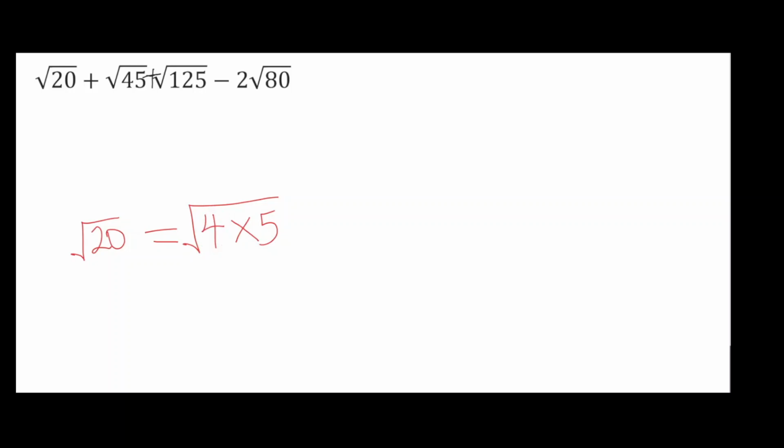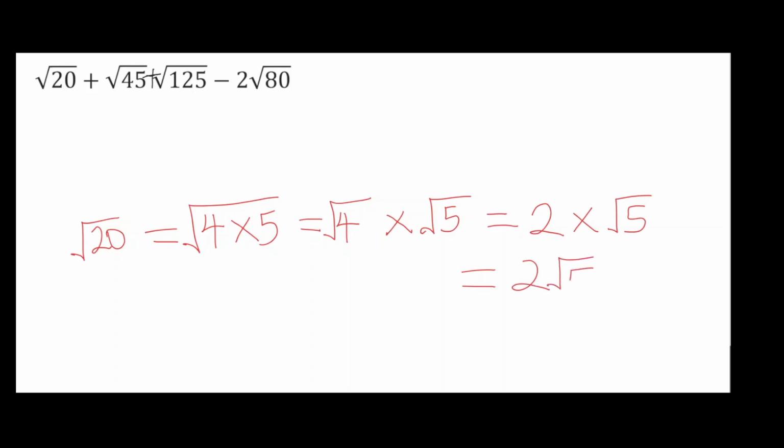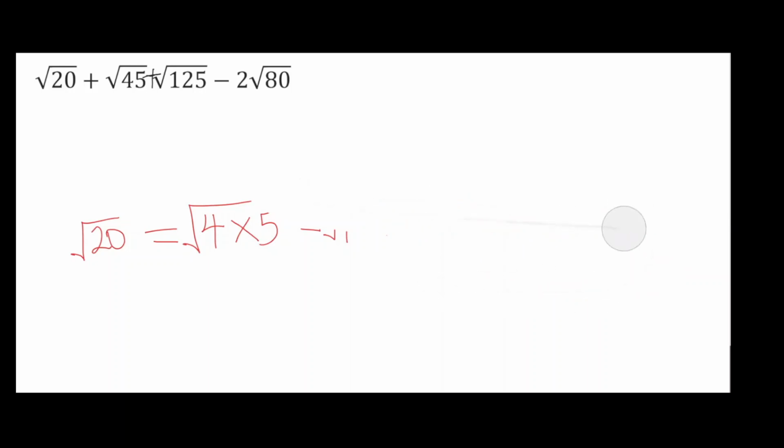So it's going to be square root of 4 multiplied by square root of 5. And it's easy to see that the square root of 4 is 2. So we have 2 multiplied by root 5, which is 2 root 5. So root 20 is the same thing as 2 root 5. Let's just write 2 root 5 for root 20.